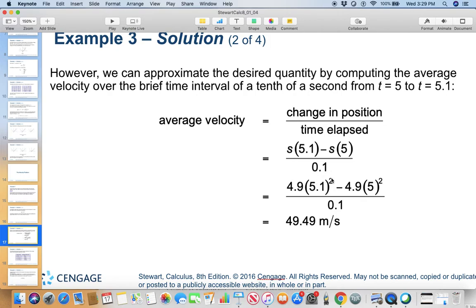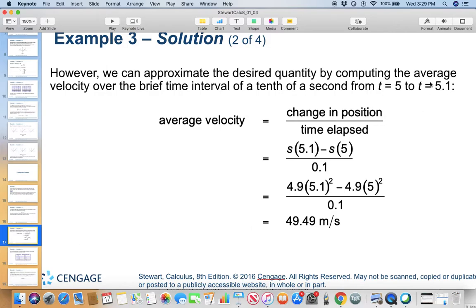So distance is a square formula. So you found average velocity from 5 seconds to 5.1 seconds. Now you have 2 different times. You use the slope formula, y2 minus y1 over x2 minus x1. And you got this. All right.